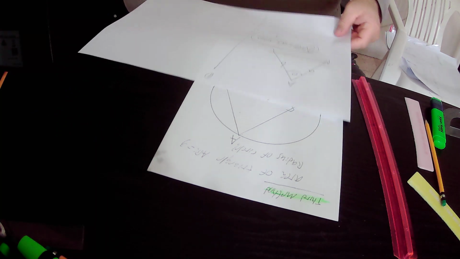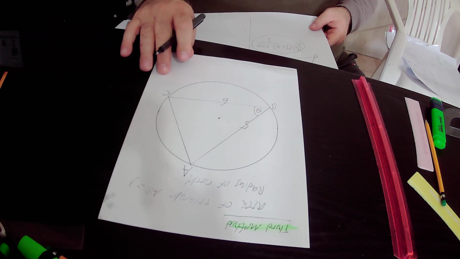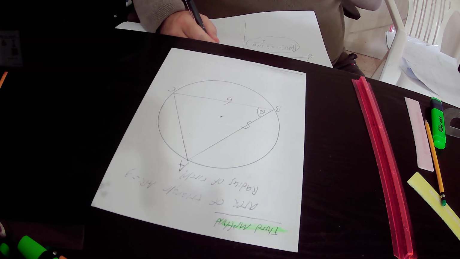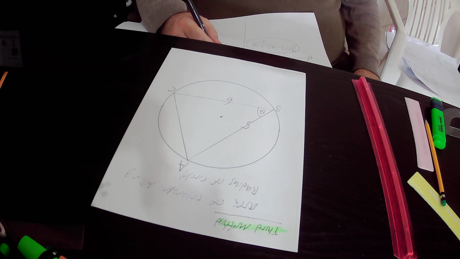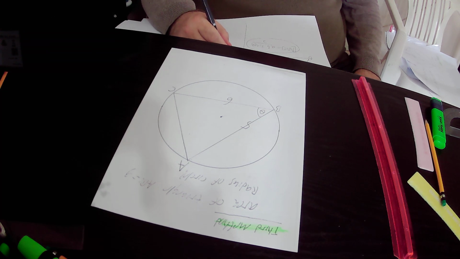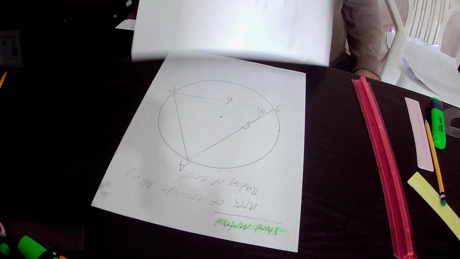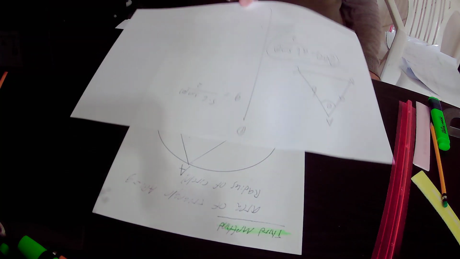Okay, so the area of this triangle according to the new formula will be equal to 5 times 6 times sine theta over 2. But we know that the area of this triangle equals 9 square units, so the only missing variable is sine theta.